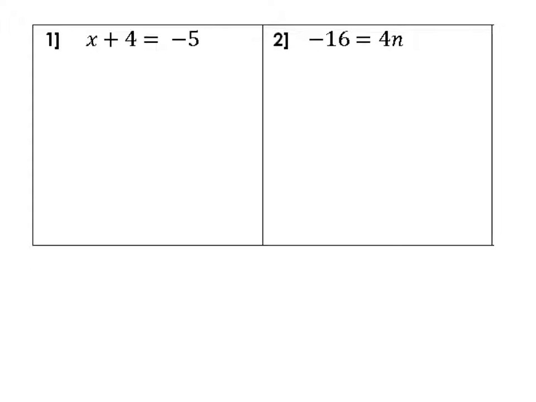Number one, we have an equation, and if I look for my variable, I see it right here. And then I'm going to split my equation into two sides.